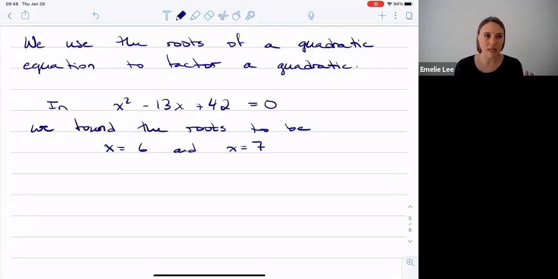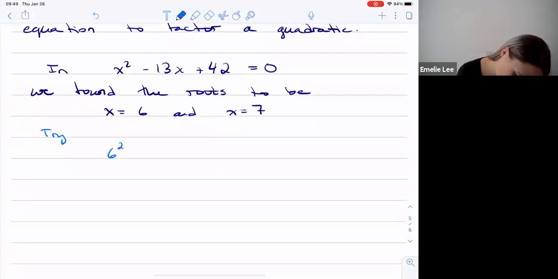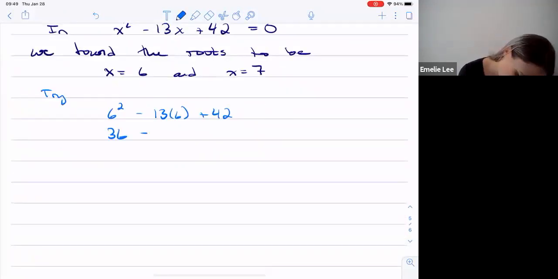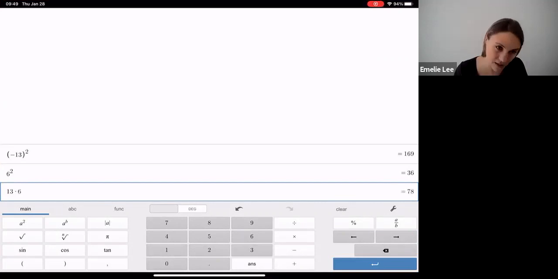So what this means is that when x equals 6, this thing is 0, and let's try it. 6 squared minus 13 times 6 plus 42. 6 squared is 36, minus, 13 times 6 is 78.